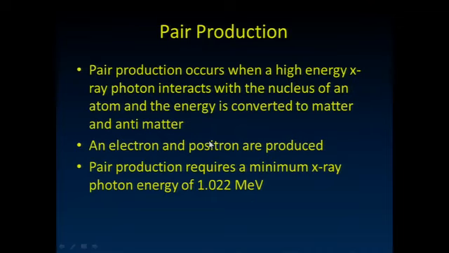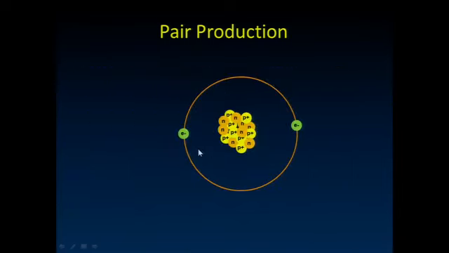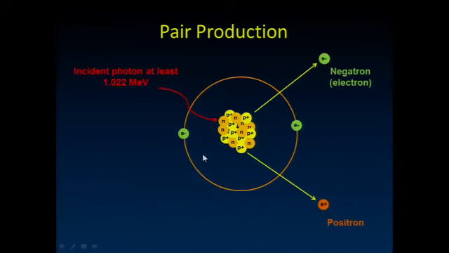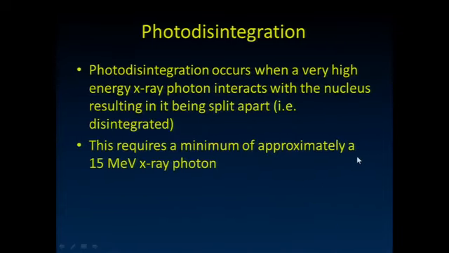So for us at diagnostic energies, this really is not an issue. If you were doing radiation therapy, this would be more of an issue. So here's pair production, where we get that negatron and that positron, or electron and positron, produced.